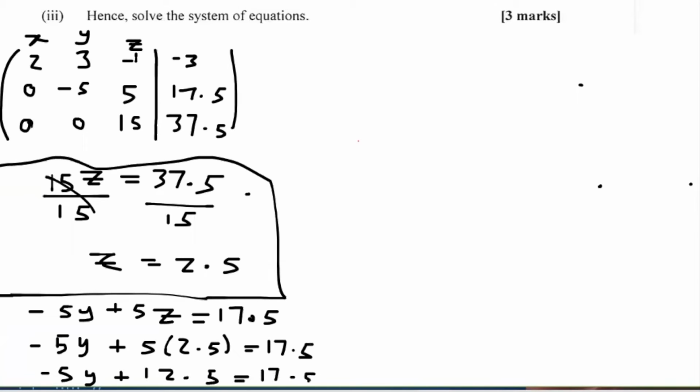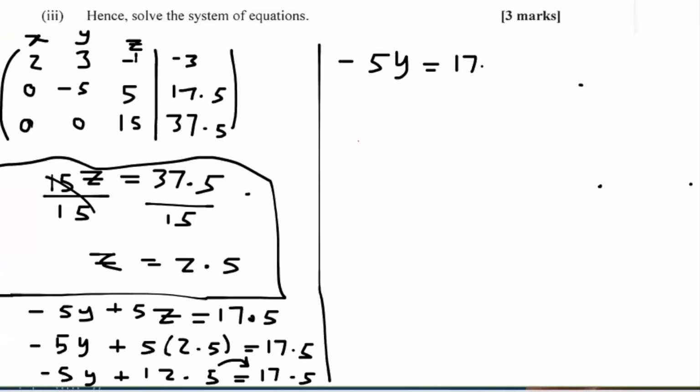Now I'm going to make y the subject. So first, carry 12.5 over the equal sign. So I will have minus 5y equal 17.5 minus 12.5. So minus 5y is equal to 5 when we do the subtraction.